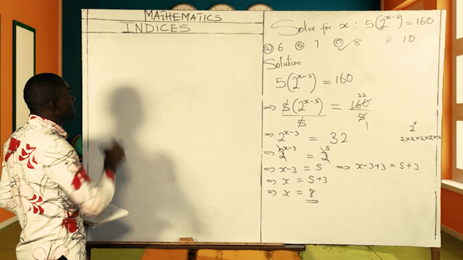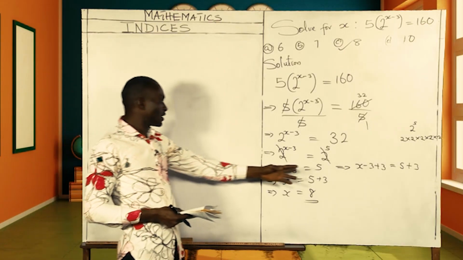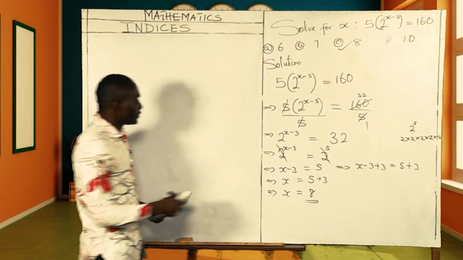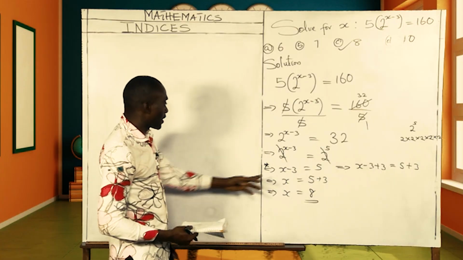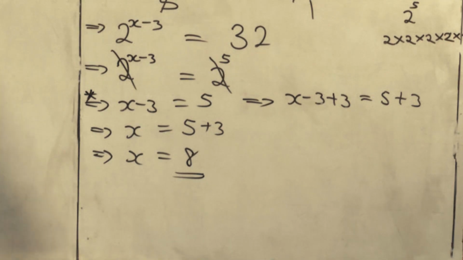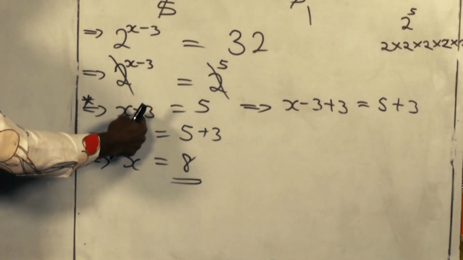But before I move to the next question, let me quickly point out something for you here. From the equation that we have, x minus 3 equals 5, directly you can just bring your minus 3.